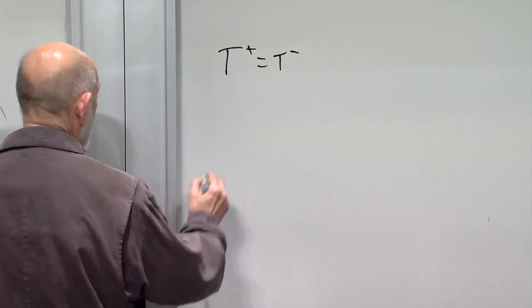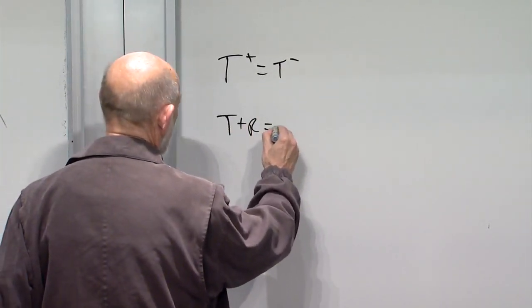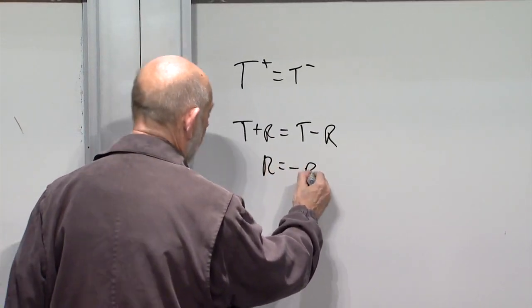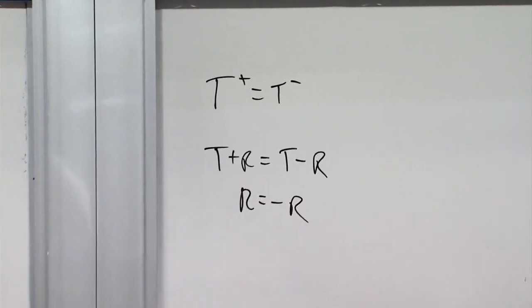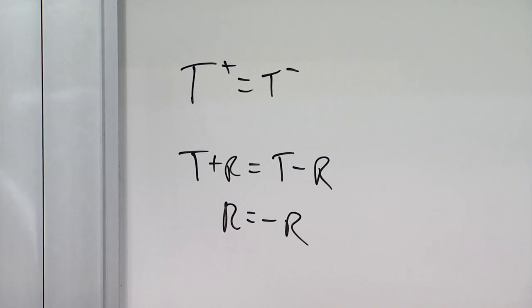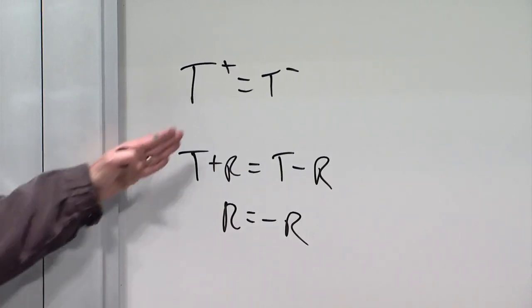That's the same thing as t plus r equals t minus r, or r equals minus r. The only solution to r equals minus r is r equals 0. So this line over here, which was r equals 0, is also just t plus equals t minus. That's a way to describe it.